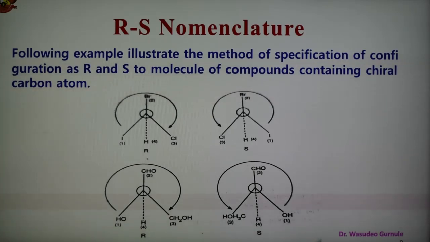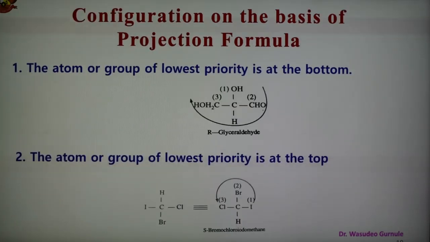Now configuration on the basis of the projection formula is shown here. When the compound is represented by the Fischer projection formula, the configuration can be easily determined without constructing a model. To determine whether the eye travels clockwise or anti-clockwise, we have to place the atom or group of the lowest polarity at the bottom of the Fischer projection formula.